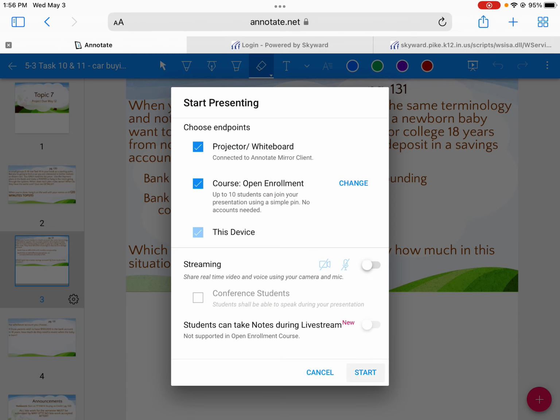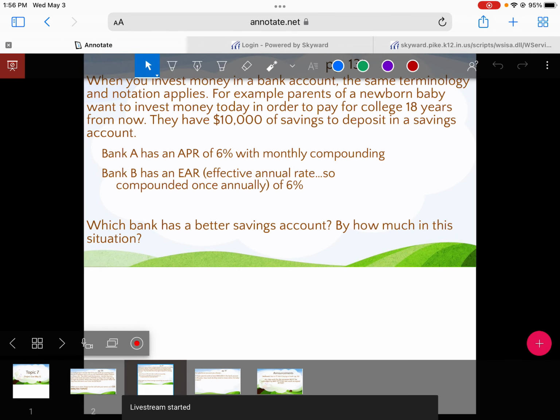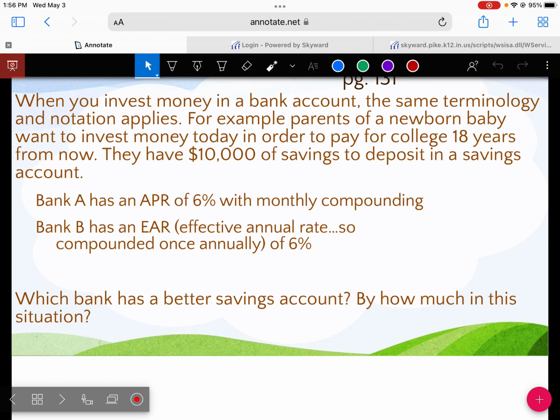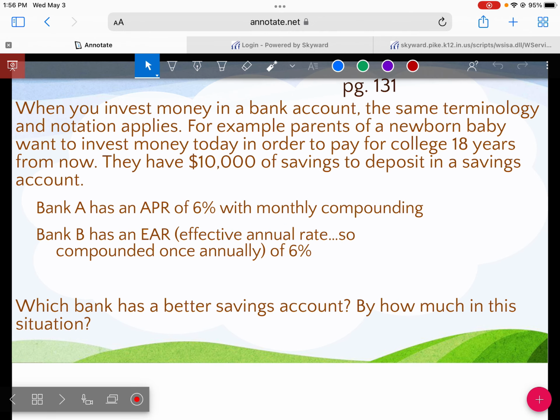Okay. Here we go. So on page 131, when you invest money in a bank account, the same terminology and notation applies. For example, parents of a newborn baby want to invest money today in order to pay for college 18 years from now. They have $10,000 of savings to deposit in a savings account.